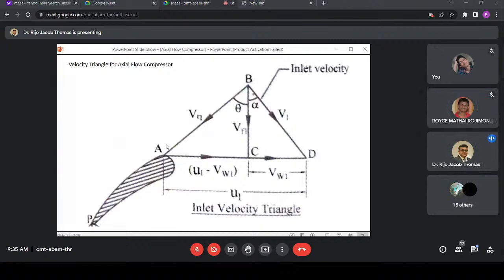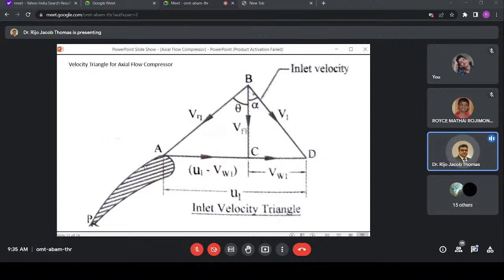Okay. I said this is the axial direction, B to C. From the axial direction, it makes an angle alpha. The inlet air comes with some velocity V1. It comes here like this, making an angle alpha with the axis.